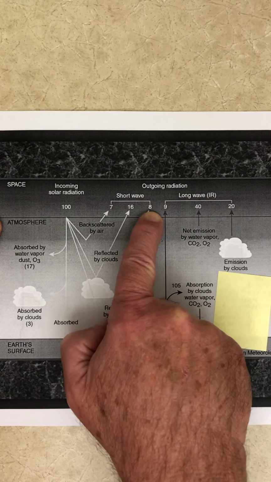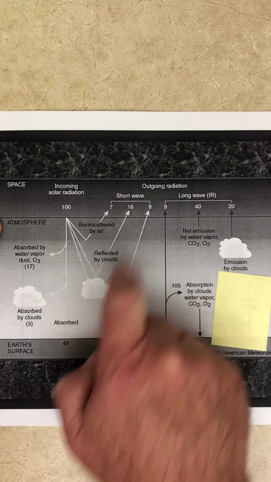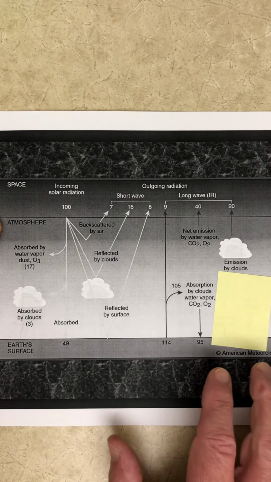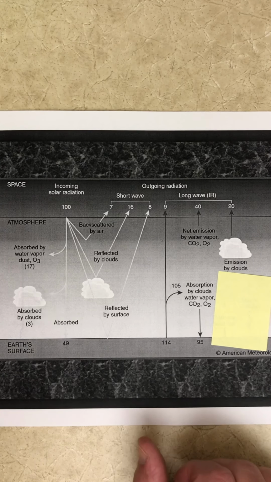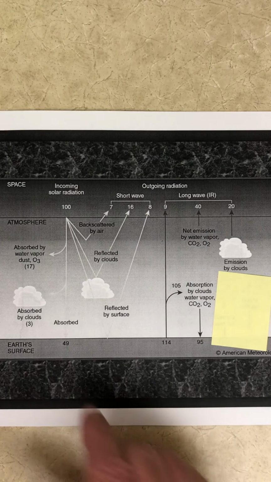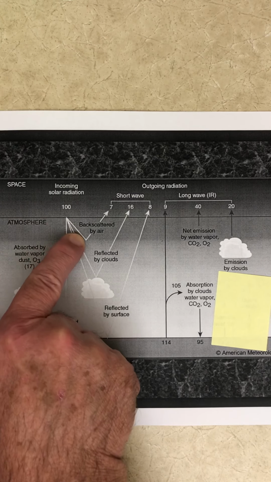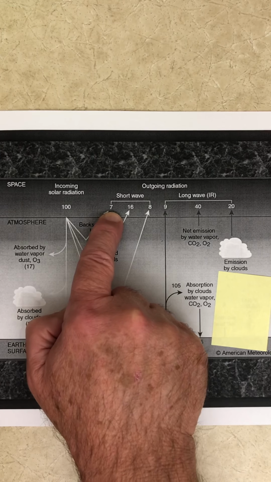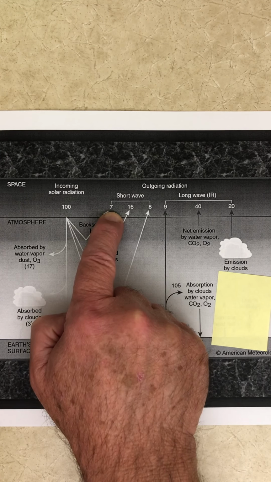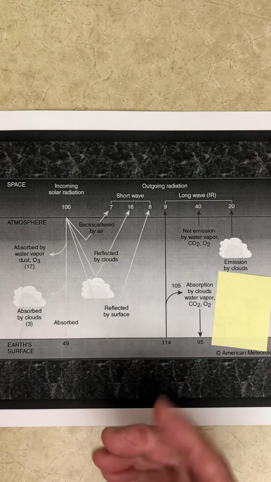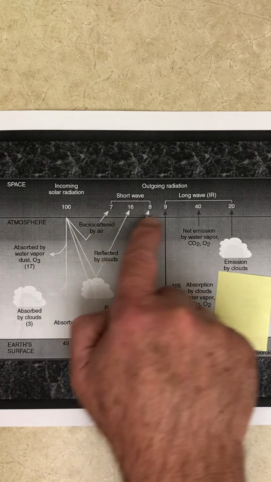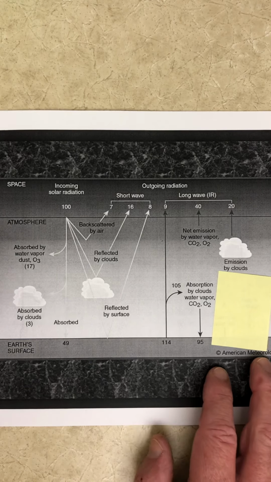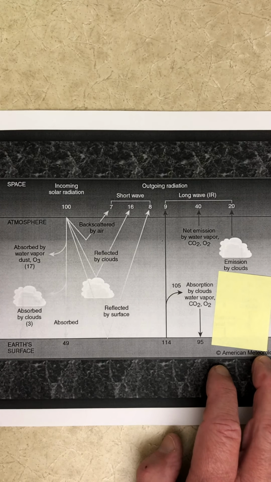Well, look at here, 8 plus 16, there's 24% right there. A second thing that can happen is it could be scattered. Okay, so we've got solar radiation coming in, and part of that is scattered. We said that 7% of incoming solar radiation is scattered. So there's our 7% there. Combining these two, reflection and scattering, that's 31% of the incoming solar radiation.